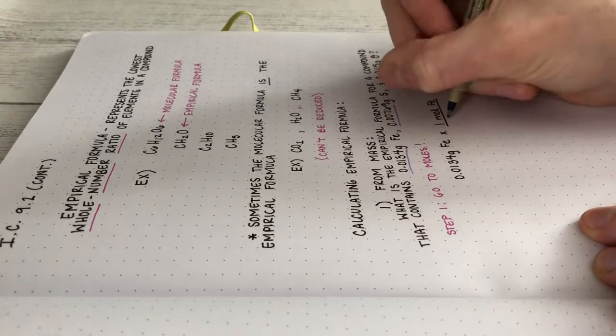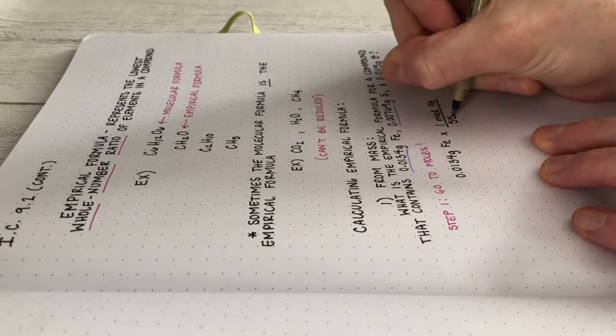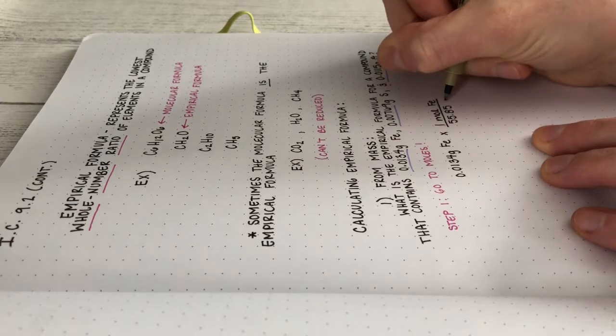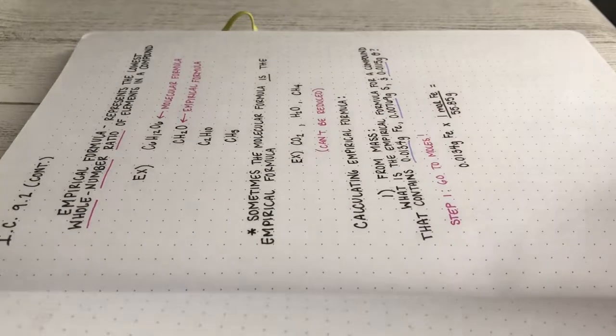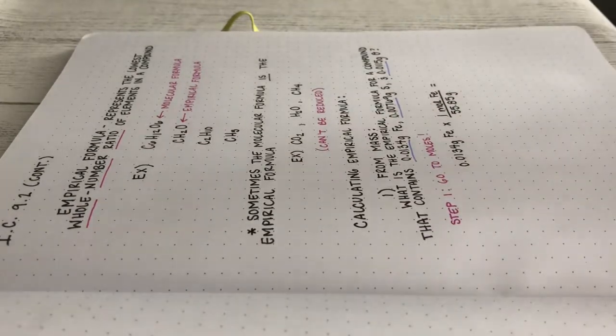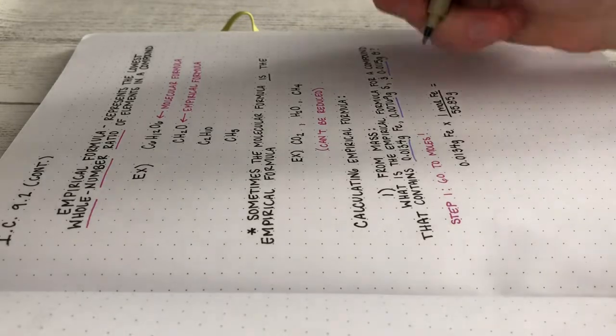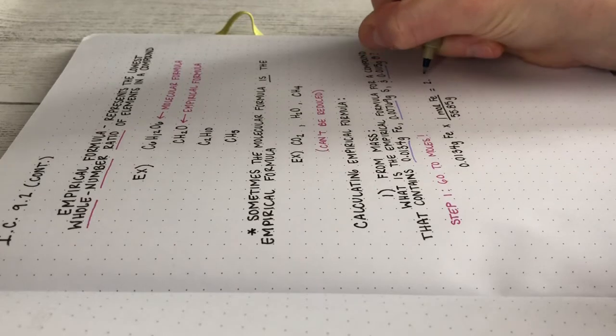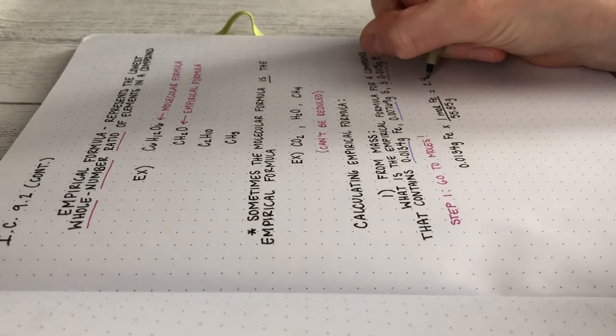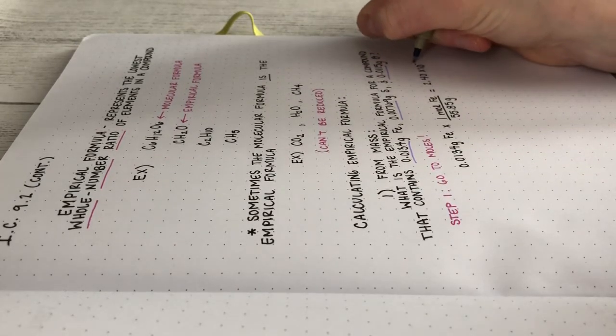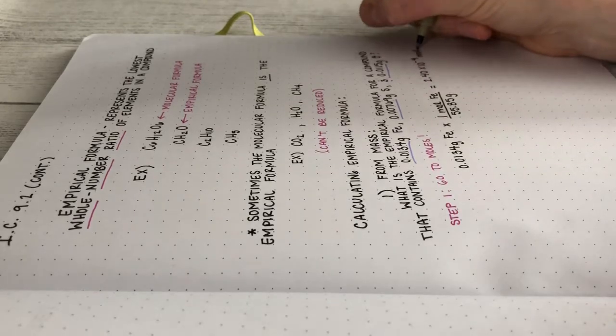So the first thing I'm going to do is convert grams of iron to moles of iron by dividing by the molar mass of iron. And I get 2.40 times 10 to the negative 4th moles.